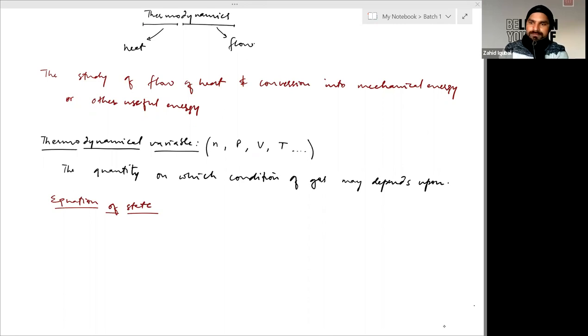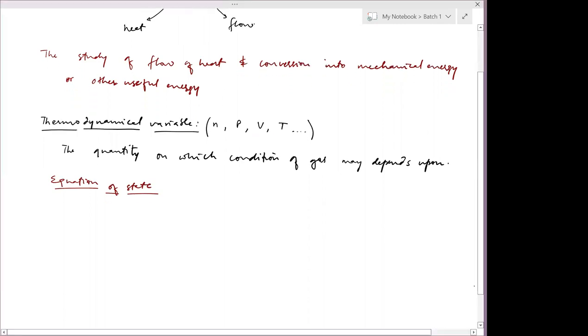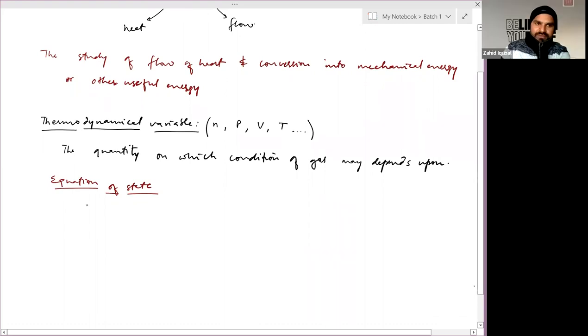Hamza, any doubt? No, sir. Okay. So next is equation of state.